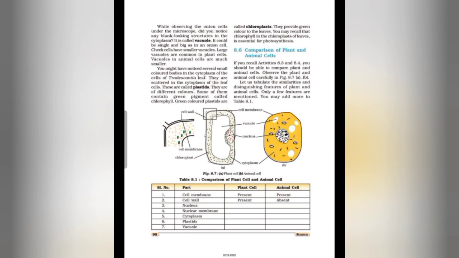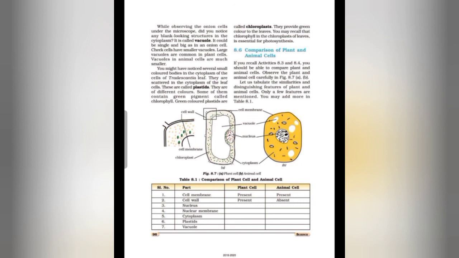So this is all about the differences between plant cell and animal cell. So basically plant cell and animal cell have similar basic structure, but there are certain differences that we have discussed. So these are the main differences between the plant cell and animal cell.